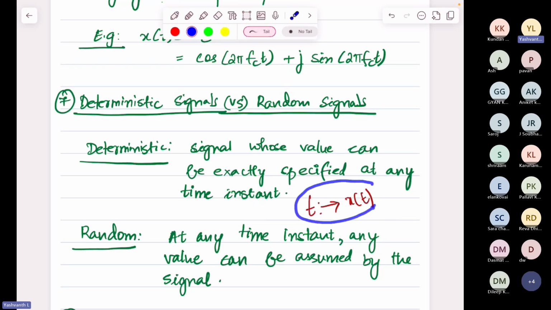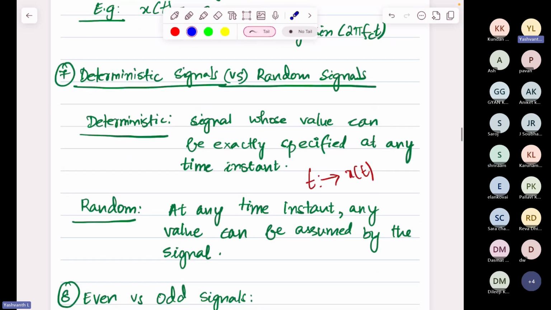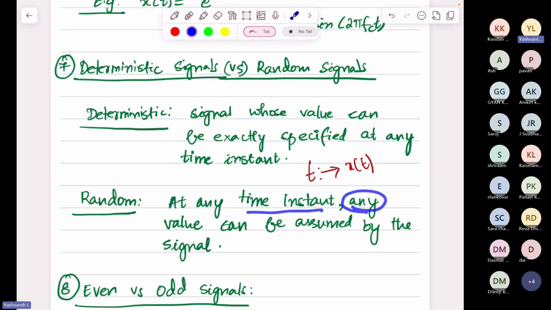Then such type of signals are called deterministic signals. On the other hand, at any time instant, if the signal can take any value, then it is an example for a random signal.